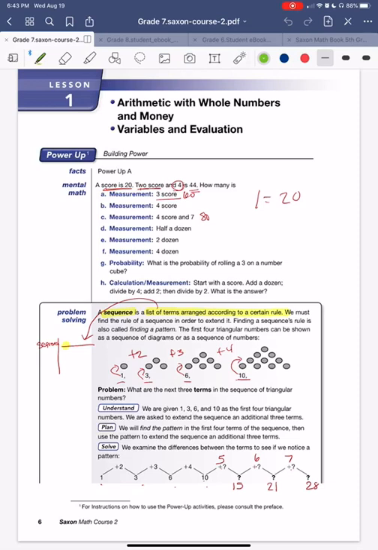Now, there's some new language that we ran across, and we're going to talk about those throughout the lesson. You'll see that some of them have been highlighted because we probably talked about them in class, but I'll also put an asterisk or a star by them, just so that you know that these are our math language, words that we should definitely know as part of our vocabulary. So let's get into it.